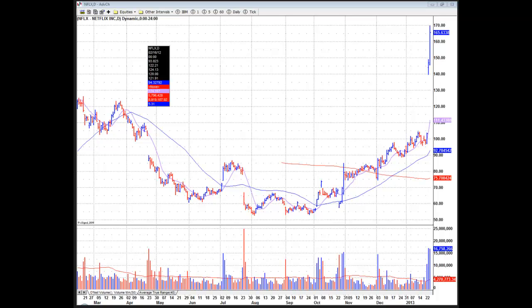Okay, we're going to take a few more questions. We're kind of running out of time here, but someone asked, do you like adding to the position on a pullback to the gap up point weeks later? Yeah, that can work, but keep it in context again with the industry group the stock is in.